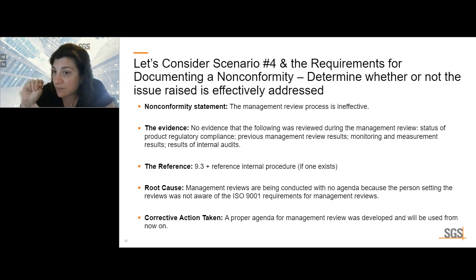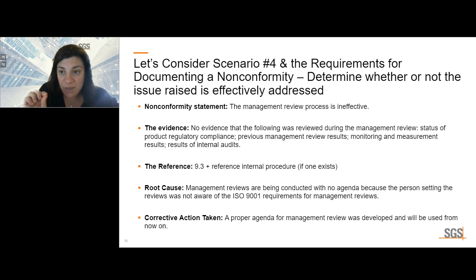Those 4 areas. The reference: section 9.3 of the standard, 9001, and reference to the internal procedure. So if you actually have an SOP within your organization that references the inputs that are required in a management review, then you would also include that in terms of the reference.